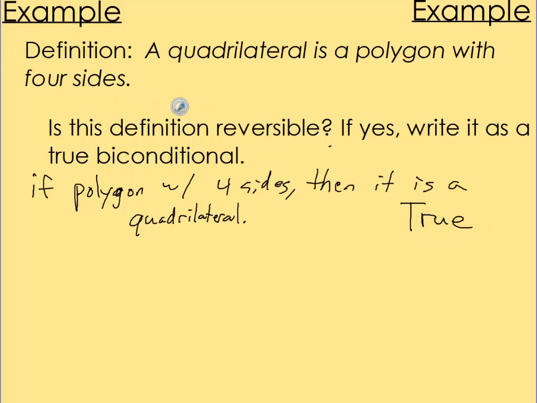So is this definition reversible? We say yes. And since it is, we write it as a true biconditional. So this is using that "if and only if."